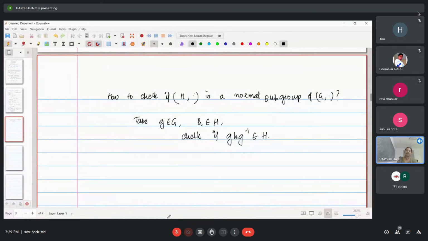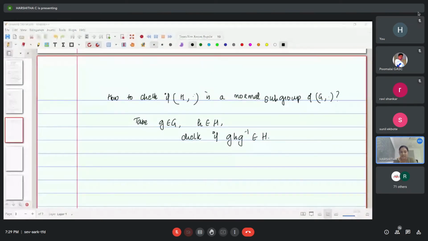This is kind of like a test to see if the subgroup is normal. The answer no was for something else. Okay, so is H a normal subgroup?